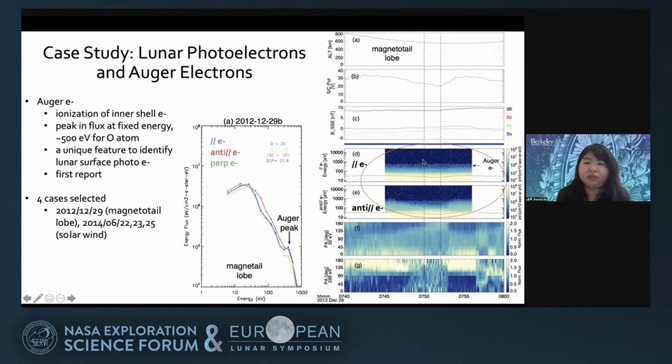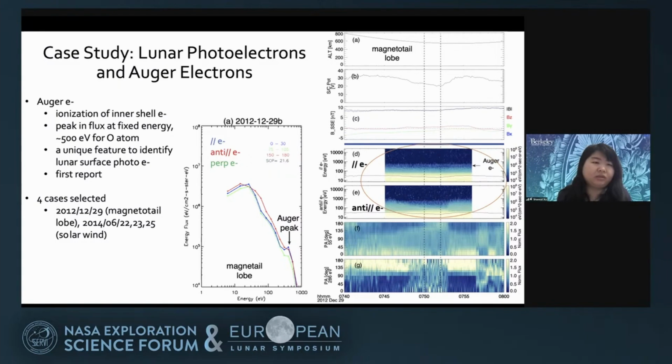To see more clearly, if we integrate over this time interval and plot the spectrum for parallel, anti-parallel, and perpendicular separately, you will see this nice peak at 500 eV, which is this line here. And this is what we know from theory. These are Auger peaks.